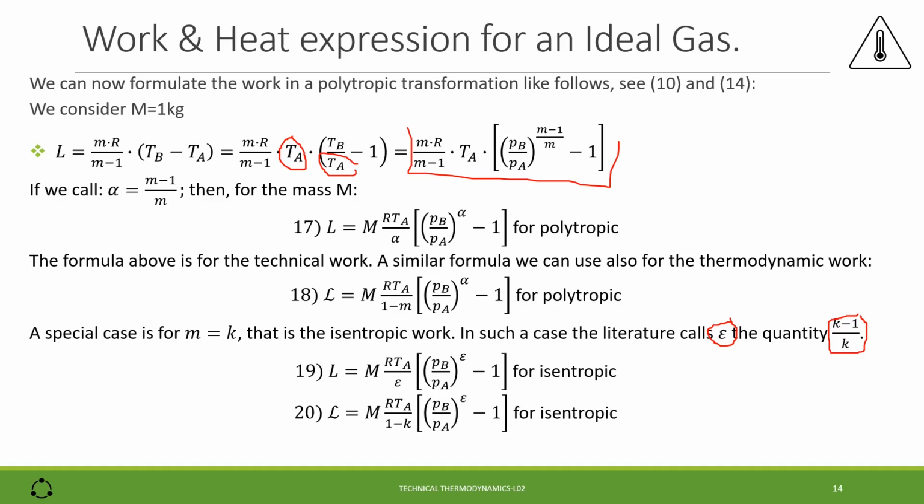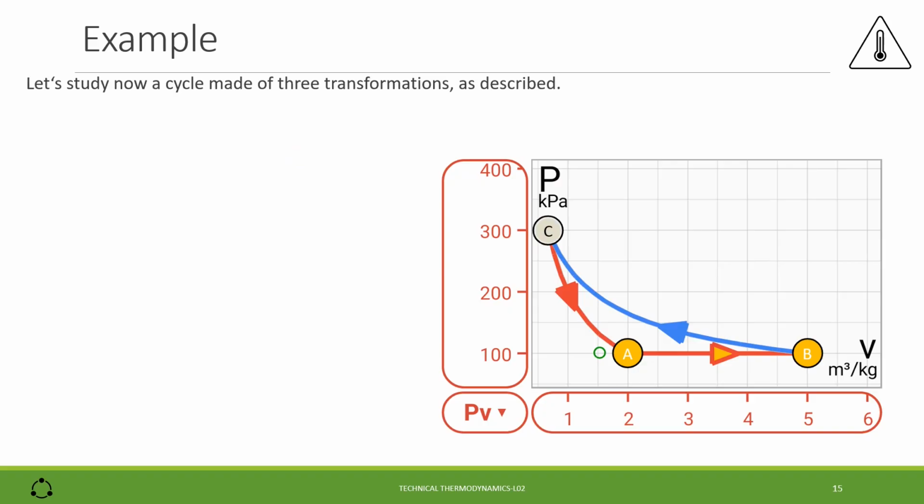And for the thermodynamic work, we have a similar expression as for the formula 18, using k in place of m and epsilon in place of alpha. We remember the last two expressions are valid only for the isentropic transformations, which is a special case of the polytropic ones. Let's study now a cycle made of three transformations as described.